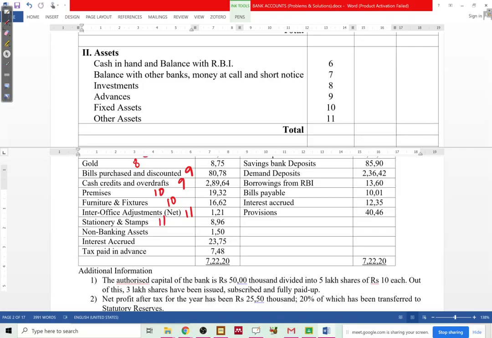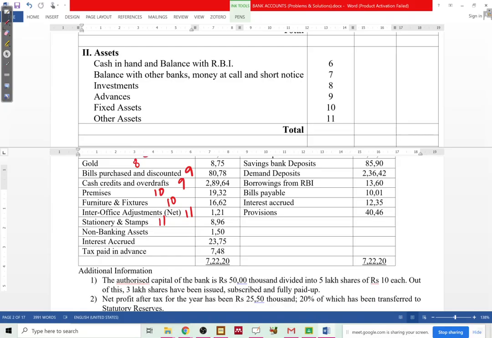Then non-banking assets. Now this is a very new, interesting term called non-banking assets. Now what are these? See, a lot of times when a bank gives a loan, it takes something as collateral security, or collateral as we call it, in simple terms. So let's say you have given a loan and you have taken any building, land, property, factory or something as collateral, that mortgage.